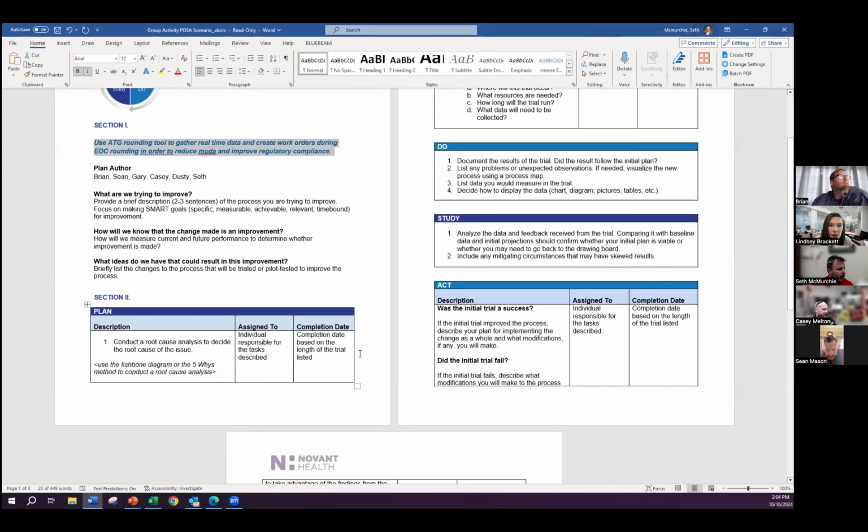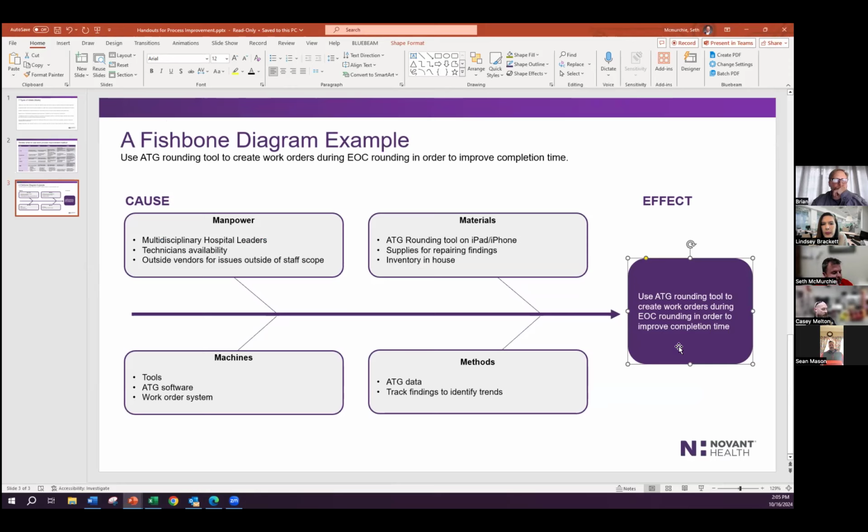That's what I was trying to get to. There's something missing there. What it would do is reduce the time from when the finding was found to the completion time. But that is different than the time.